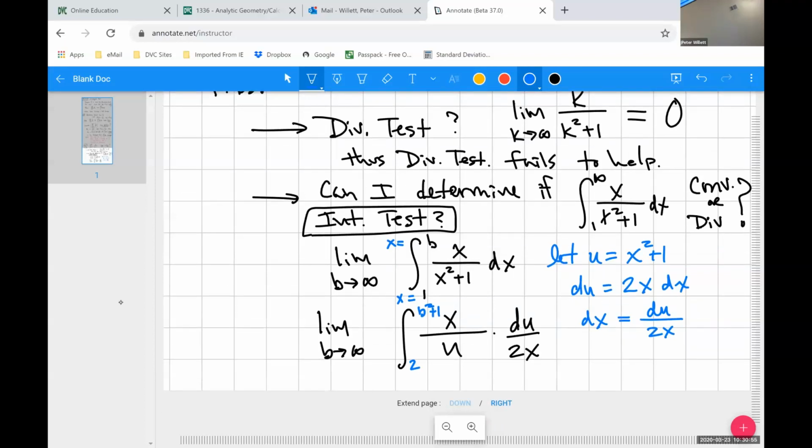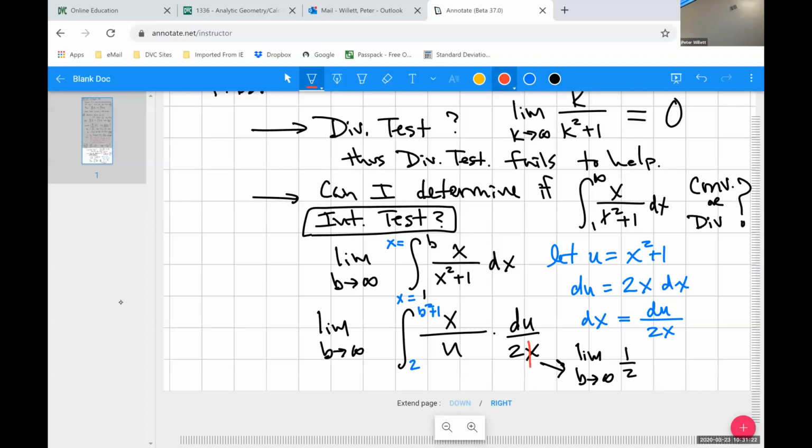And of course, I'm running out of space here. So let's go off to the side here. So this would be equal to the limit as b tends to infinity of 1/2, because I'm pulling this 2 outside.